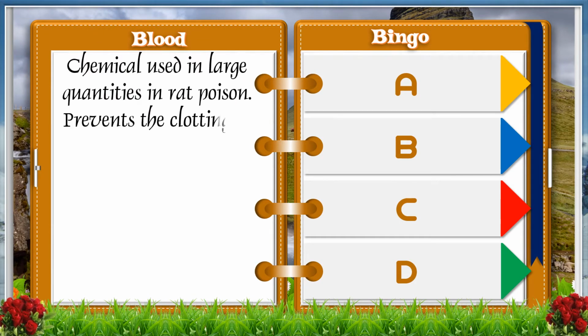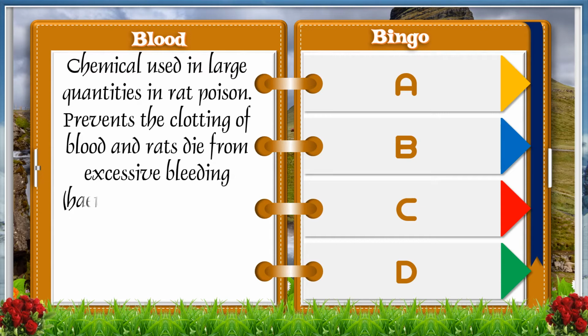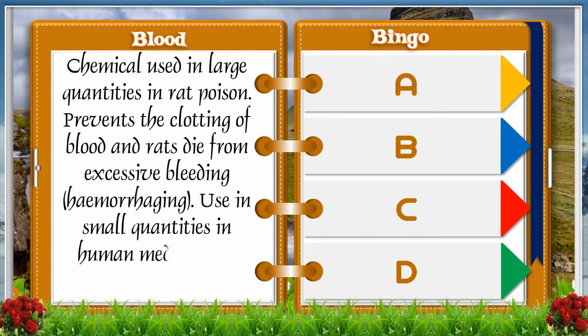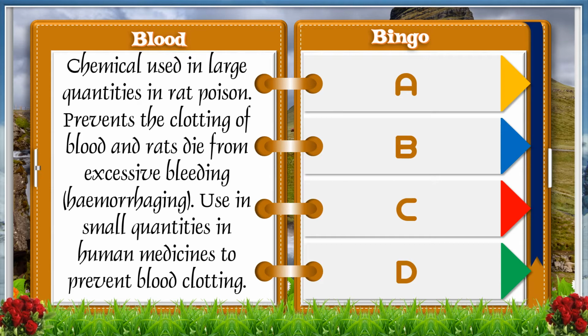A chemical used in large quantities in rat poison prevents the clotting of blood, and rats die from excessive bleeding, hemorrhaging. Used in small quantities in human medicine to prevent blood clotting.